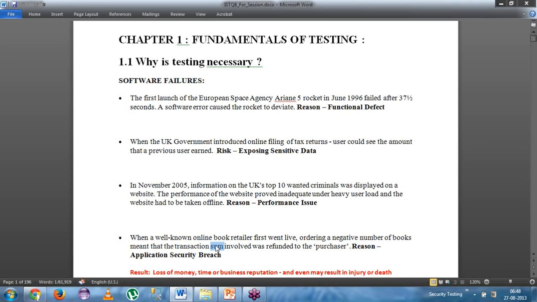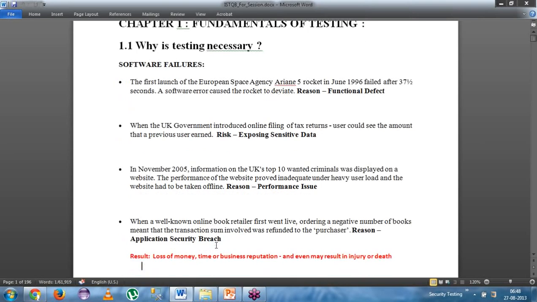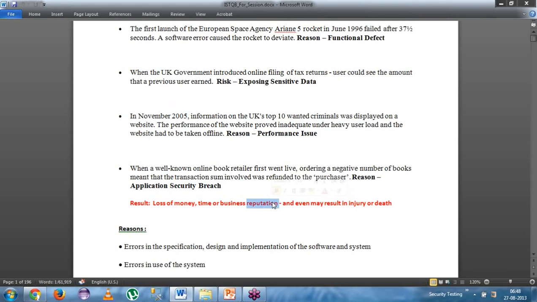So what we are trying to understand in this particular area is that failures can happen due to any number of reasons, but because of these reasons we need to perform software testing. We are here to understand why we require software testing, because the consequences might lead to death, loss of business reputation, or loss of money.